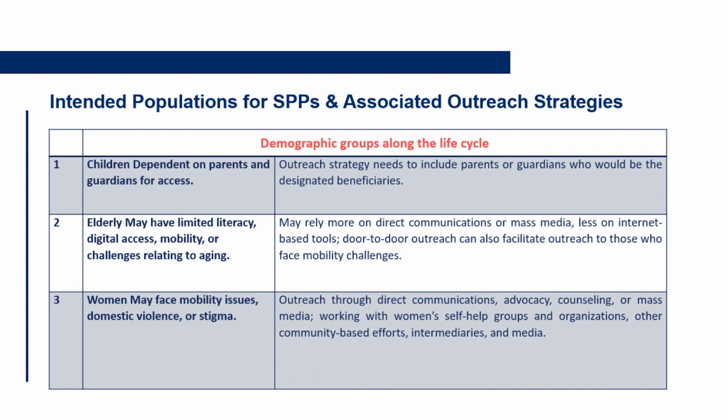Again, for elderly who have limited literacy or digital access, mobility, or challenges relating to aging, the strategy may rely more on direct communications or mass media, less on internet-based tools. Door-to-door outreach can also facilitate this group of people.